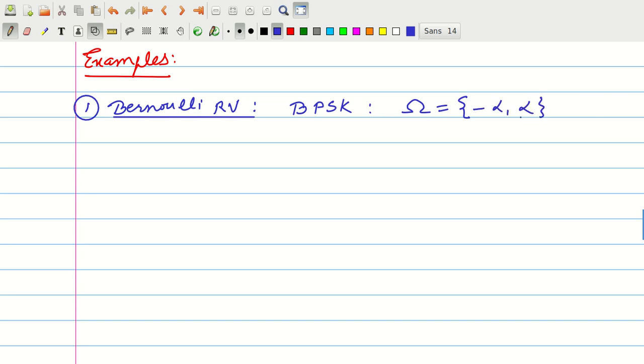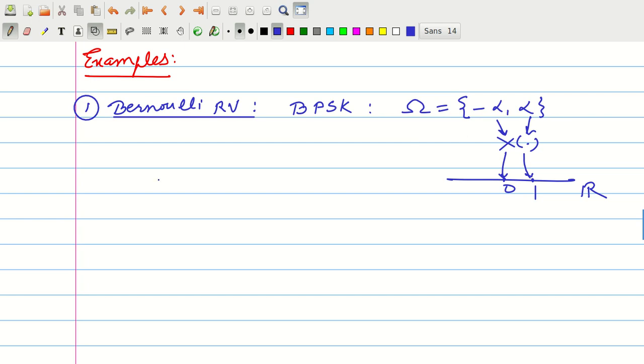Let us say the random variable x maps minus alpha to the number 0 and plus alpha to the number 1 on the real line. So then that makes x a Bernoulli random variable.